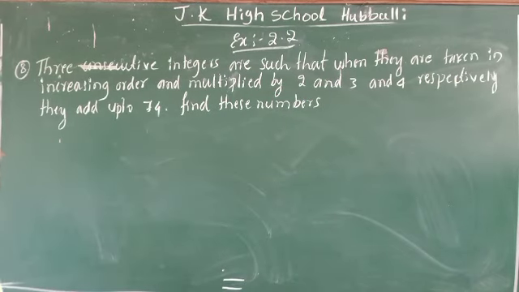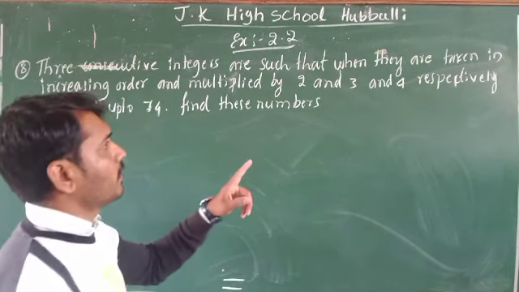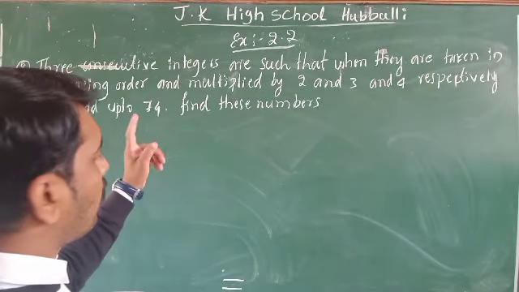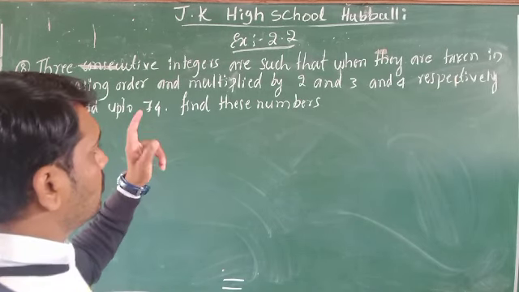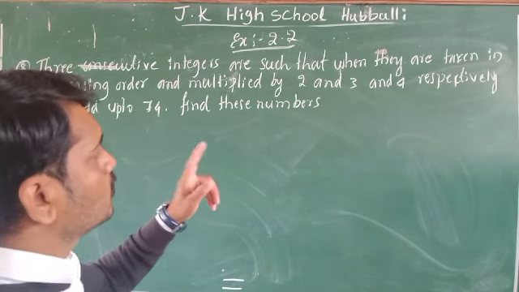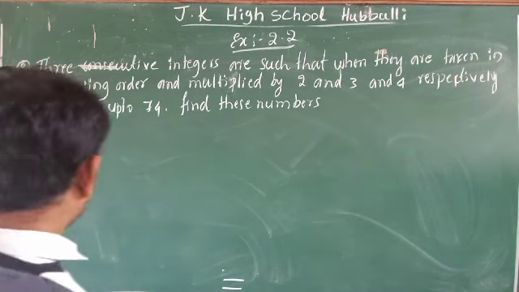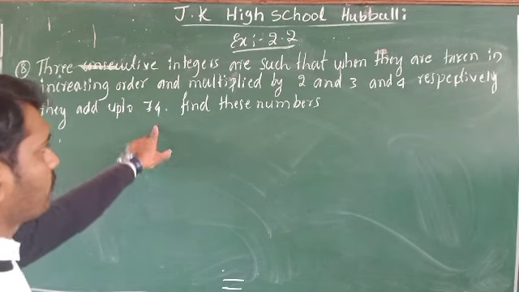So once again, read the question properly. Three consecutive integers are such that when they are taken in increasing order and multiplied by 2, 3 and 4 respectively, they add up to 74.